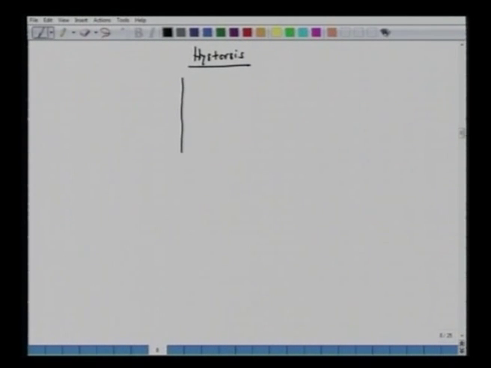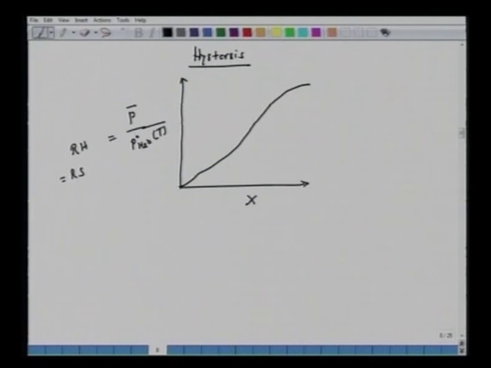So if we plot X, as we did earlier, versus the partial pressure over the partial pressure of pure water, which is nothing but relative humidity, or relative saturation, the drying curve, as you saw earlier, is like this.